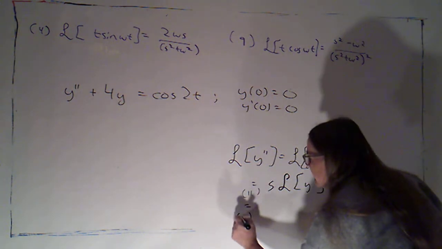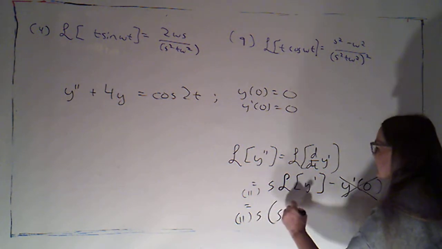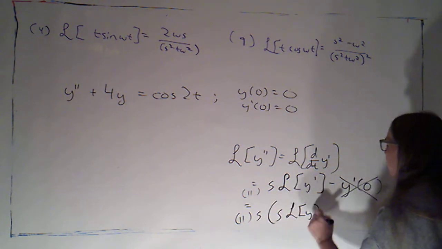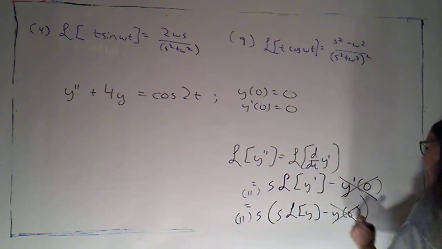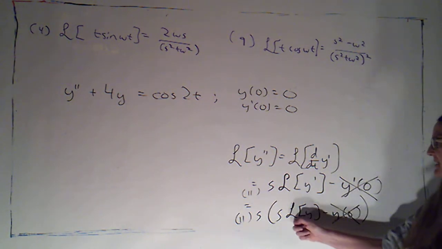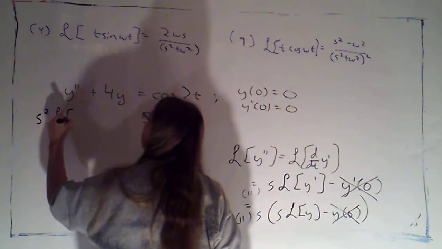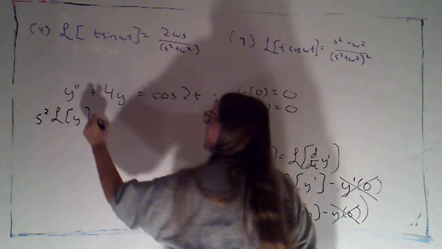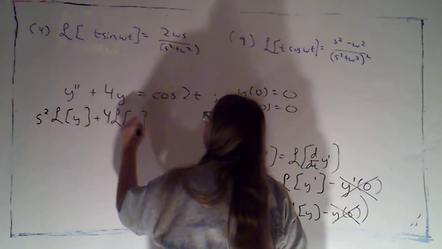So using formula 11 again, this is going to be s times the Laplace transform of y minus y of 0. But since y of 0 is 0, that piece drops out. So I'm just getting s squared times the Laplace transform of y. Plus, this will be 4 times the Laplace transform of y.